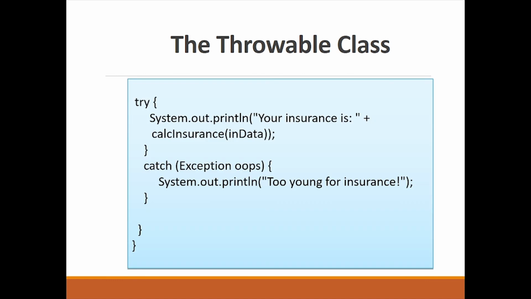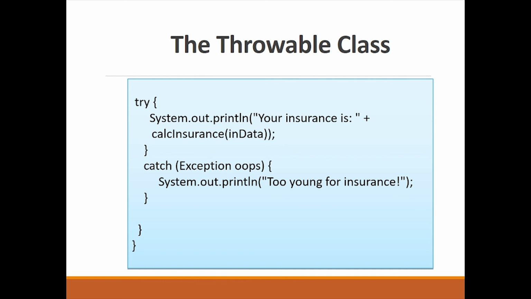So the data would be sent to the calcInsurance method, and if an exception occurs, it will go to the catch block, and it will print too young for insurance.